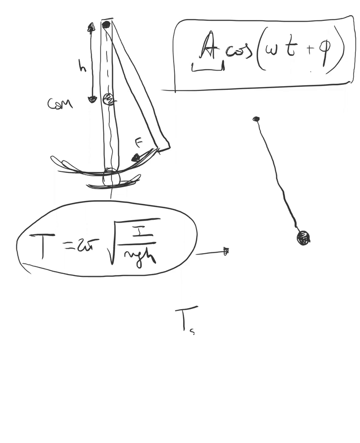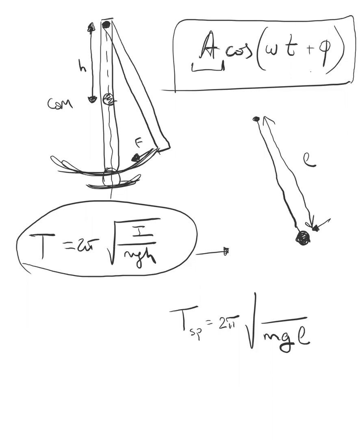So for the simple pendulum, this formula turns into 2 pi times the square root of moment of inertia divided by mgh. In this case, all of your mass is here. So h is basically the length of this pendulum. So let me write L in here, mgL.